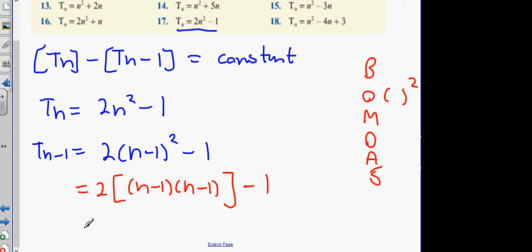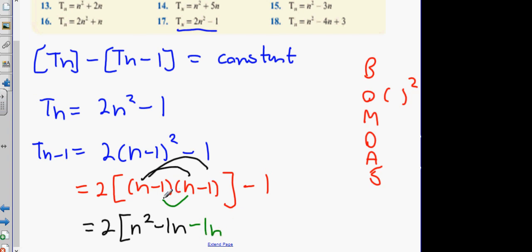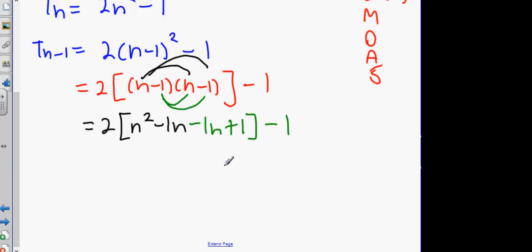This time we're going to keep the 2 outside again, and we're going to do n by n squared, n by minus 1 minus 1n, minus 1 by n minus 1n, minus 1 by 1 plus 1, and then you're going to have minus 1 at the end.